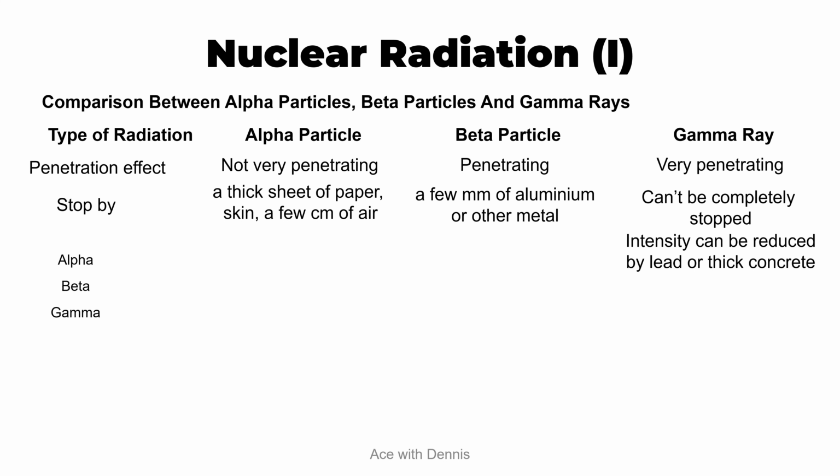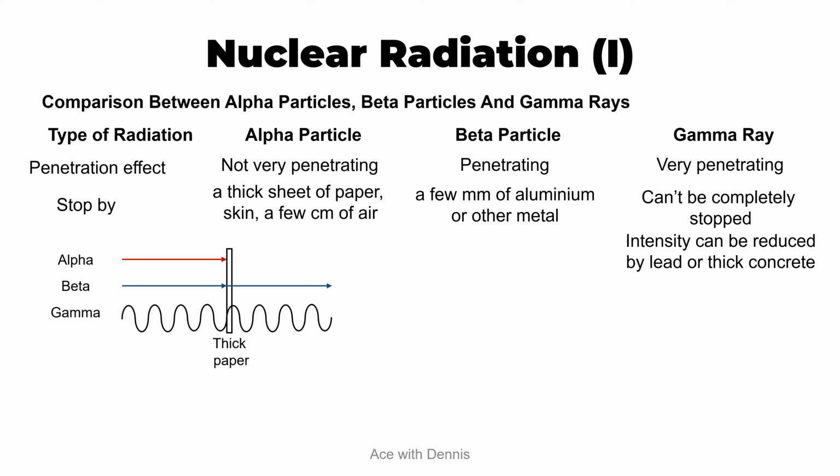Now let's observe how these radiations can be stopped or penetrate. Imagine they are traveling in a straight line, and if I place a thick sheet of paper, the alpha particle will be stopped, while beta particles and gamma rays will continue to travel in a straight line.